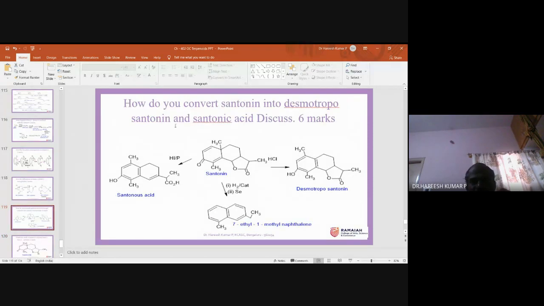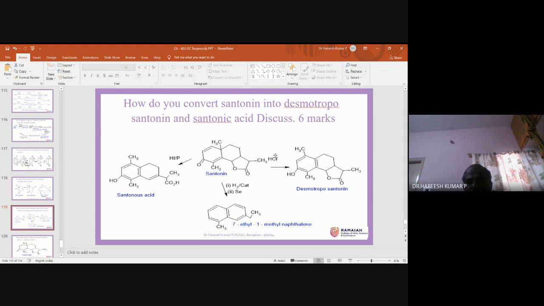Next is about how you convert santonin into desmotroposantonin. That means this one, desmotroposantonin, and santonic acid. Of course, this is santonous, but I just draw this to show how santonin is converted into desmotroposantonin, and to show the difference between them.